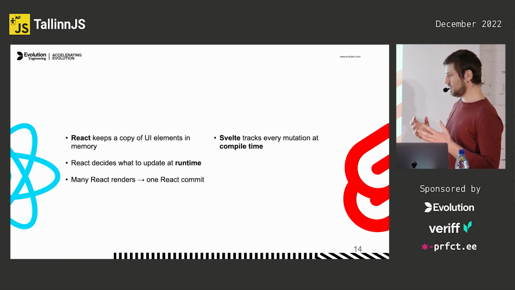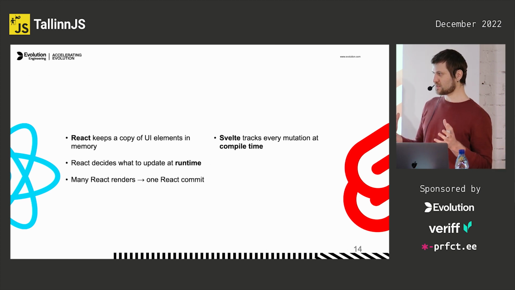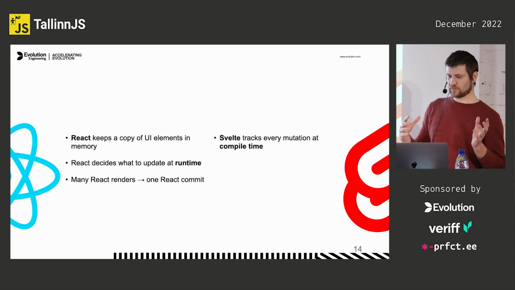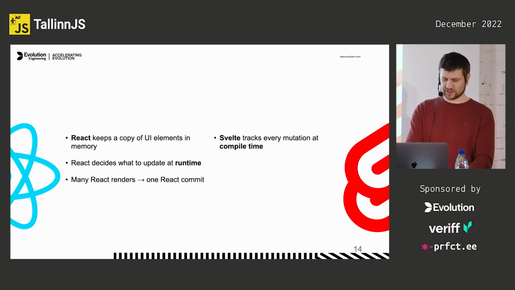It means that we just take our code, like Svelte script, and transform it to pure JavaScript. Svelte looks for changes of variables in code while compiling, not in runtime. It's very important.